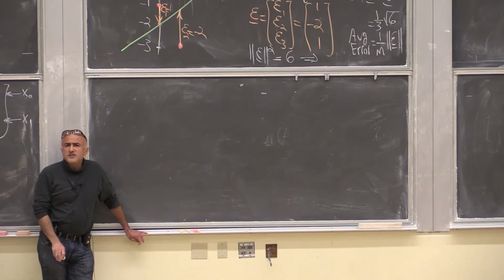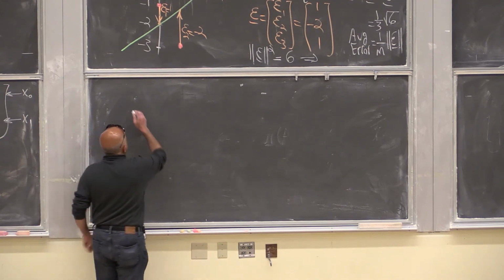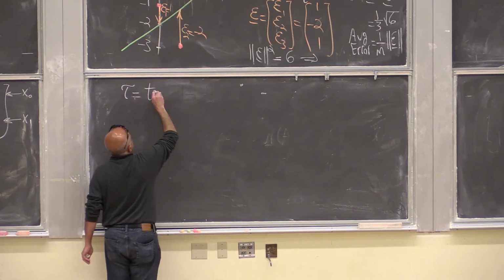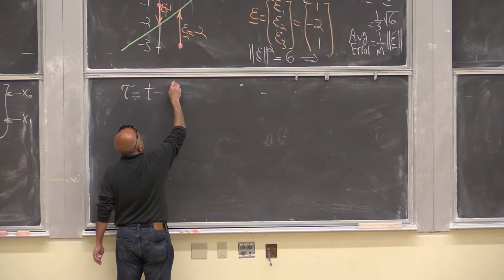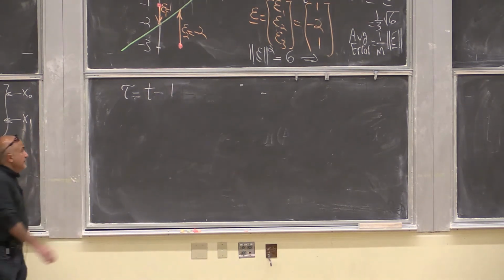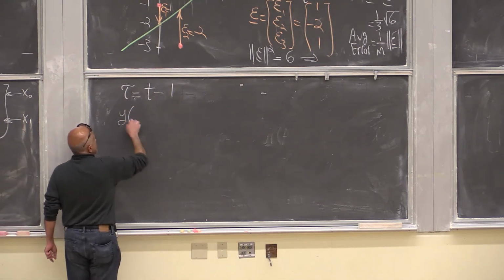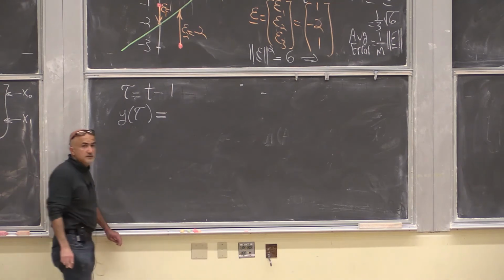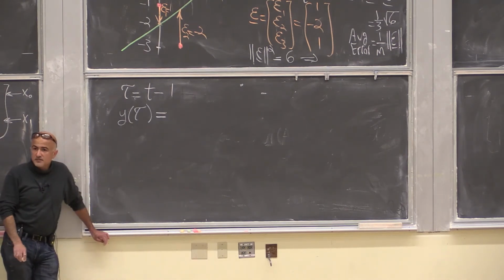I'm going to pull a stunt and define a new time axis, which is the old time axis minus 1. And if I were to do that, what's the new model for the motion of the object?